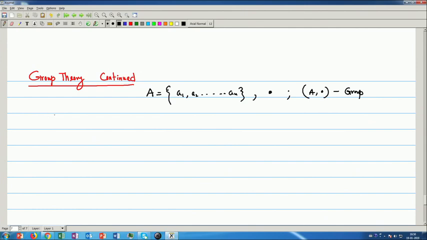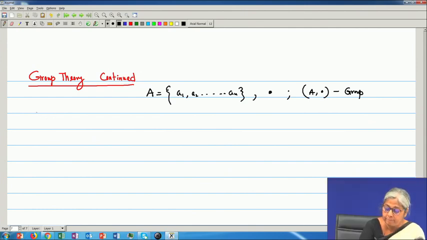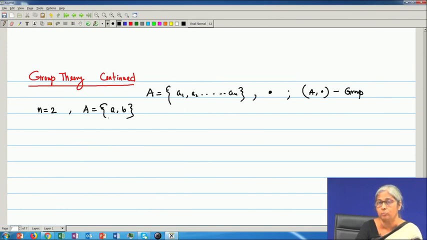Now, say we see if n equal to 2, that means my set has two elements, and let these elements be A and B, these are the two element sets, and we take the operation dot such that A dot forms a group.